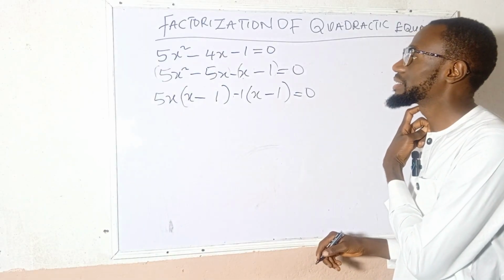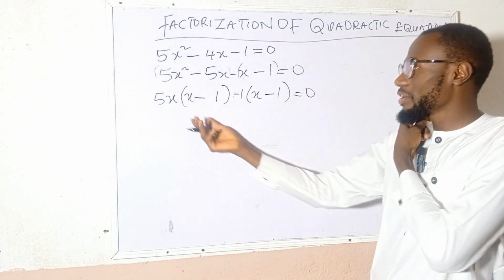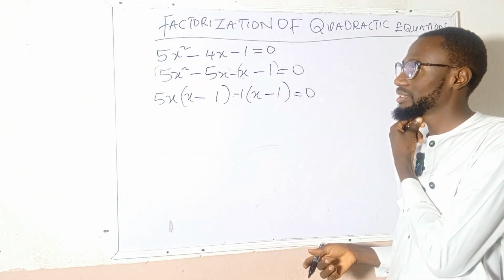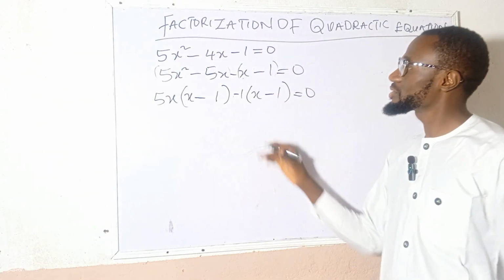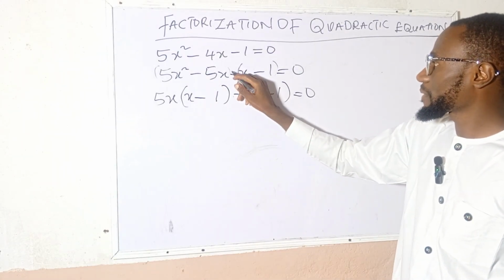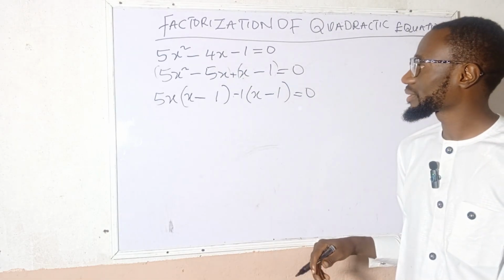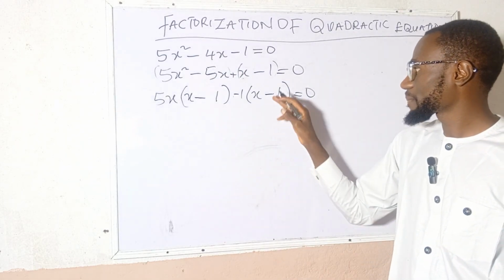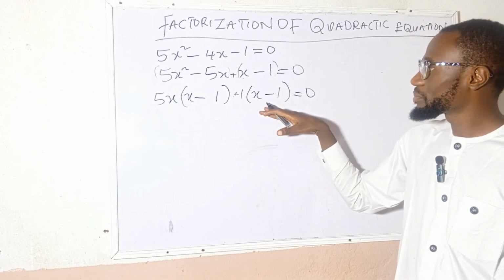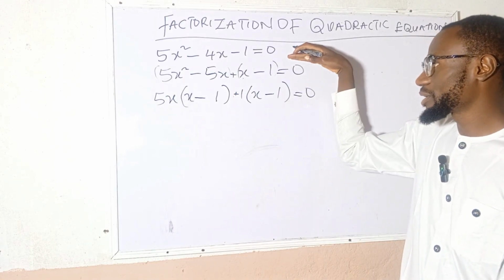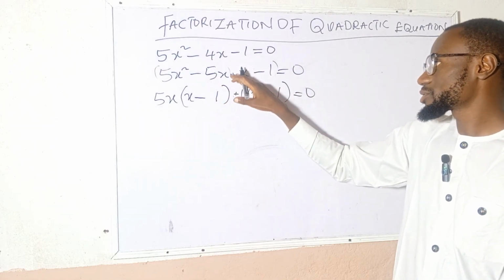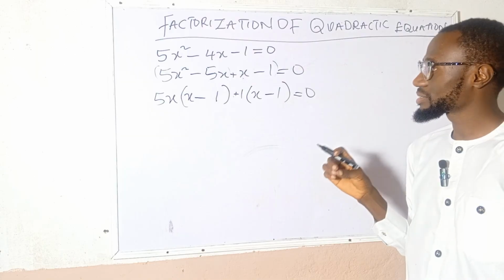Once you open this bracket, you can go back to the equation. Then the next thing to do, here is plus. Here must be plus, because if you remove this bracket, you can easily go back. Because minus 5 plus x is equal to minus 4x.